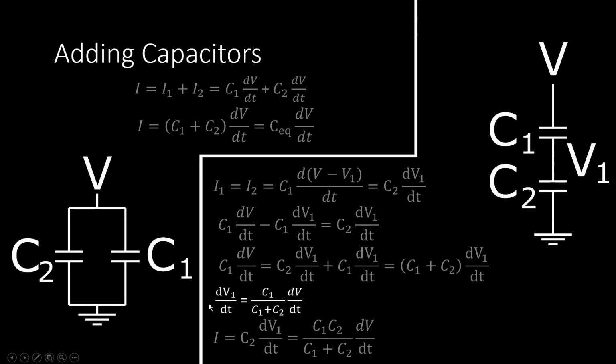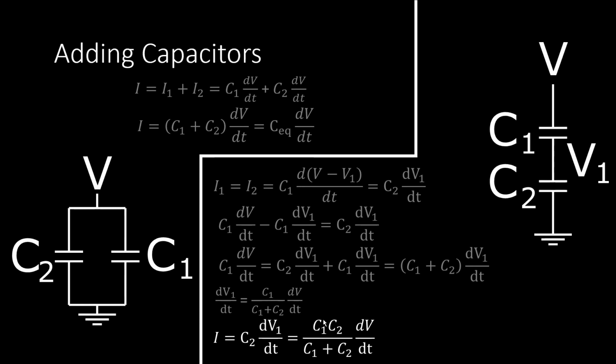And we just solved for dV1/dt in terms of the overall voltage. So we can just go ahead and plug this term in for dV1/dt, and we end up back at this format. So we can get the equivalent capacitance of two capacitors in series is just the product divided by the sum.